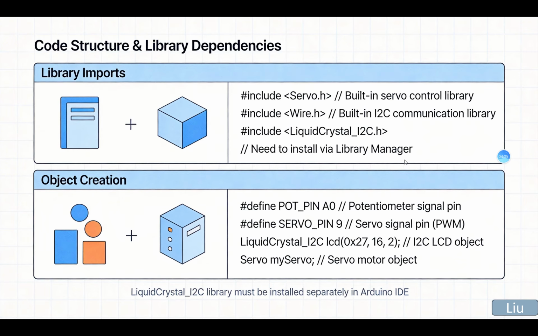Okay, so you can see we need these three libraries: Servo, Wire, and LiquidCrystal_I2C. And object creation, you can see we define the A0 pin and the pin 9 and the LCD, LiquidCrystal LCD.